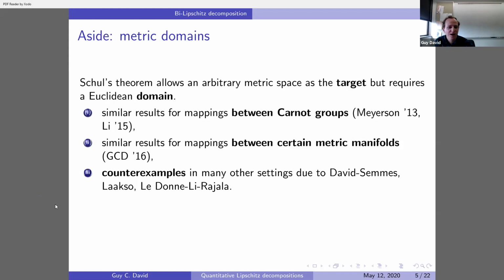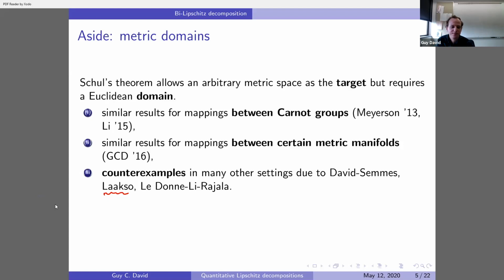There are results of Laakso which show that a lot of common assumptions and analysis on metric spaces, for example, this Poincaré inequality and doubling and things like this, are not enough to produce these theorems in general.